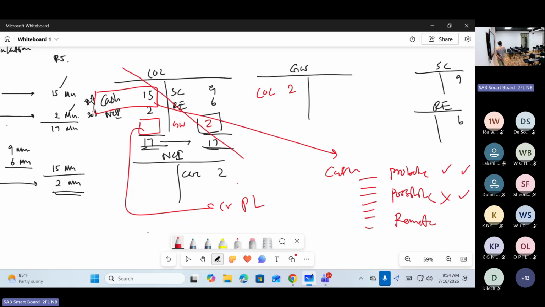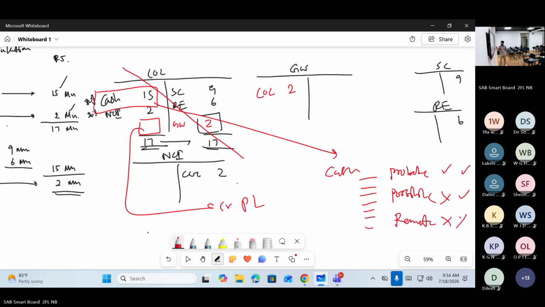We are not passing double entries, we just disclose. If remote, no double entry, no disclosure.